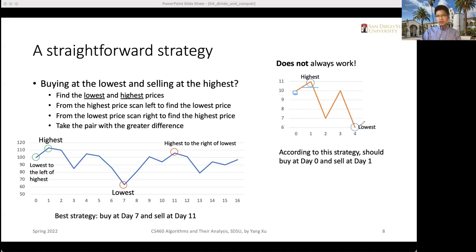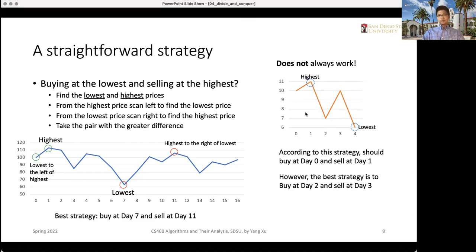And after we find the lowest point here, actually there's no way to sell it anymore, because we buy it at the last date. So according to the strategy, we have to buy in at day 0 and sell out at day 1, right? But obviously this is not as good as buying in at day 2 and selling out at day 3, because with a glance we can notice that this is a larger difference.